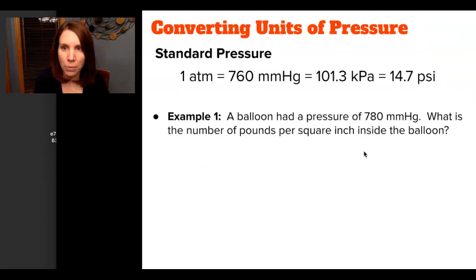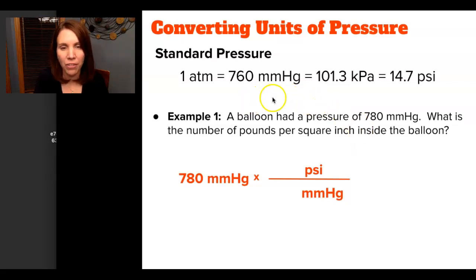So example 1: a balloon had a pressure of 780 millimeters of mercury. What is the number of pounds per square inch inside the balloon? To do that, I'm going to start with my starting value, which is 780 millimeters of mercury. We're going to do our times in a line to set up our conversion ratio. I want to get rid of millimeters of mercury, so I'm going to put that on the bottom. And I want to know how many pounds per square inch, so I'm going to put PSI on top.